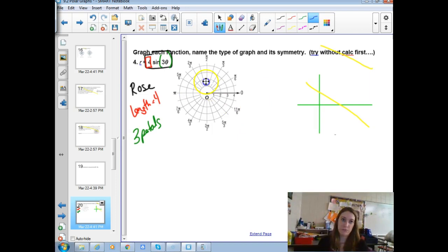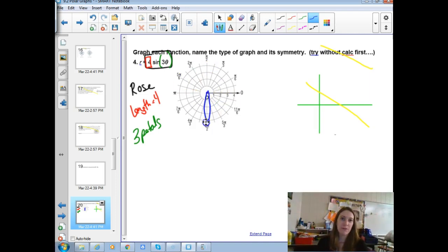So what you do is you type this in your calculator, and for the sake of time I'm going to skip that part. But the first petal is, I think, down here. Remember it's length 4, so 1, 2, 3, 4. It's supposed to go all the way down to here. And then these petals are symmetrically placed about the pole.